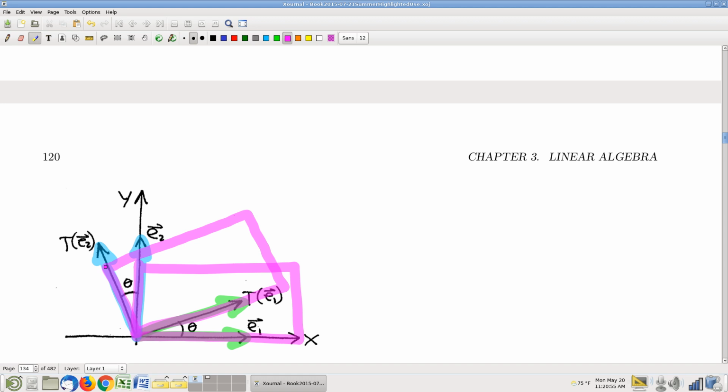And notice I rotated E1 and E2 the same amount, so this is a right angle. That means this is a rectangle. These lengths are the same, those lengths are the same. These are the same rectangle, just rotated, right?